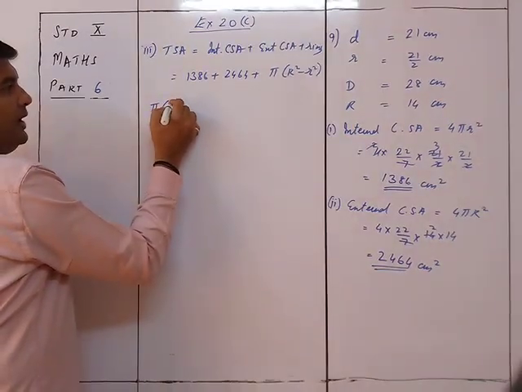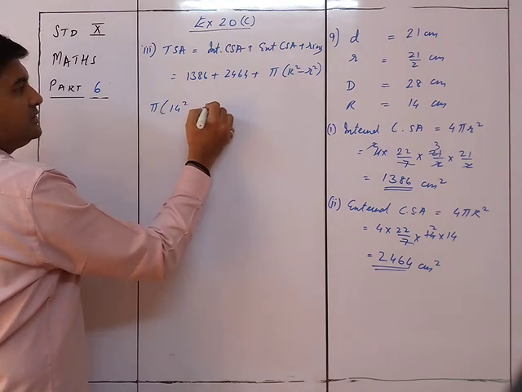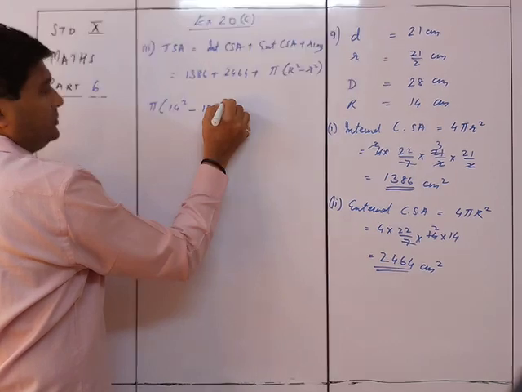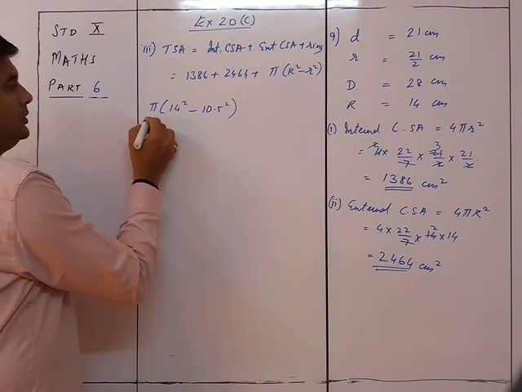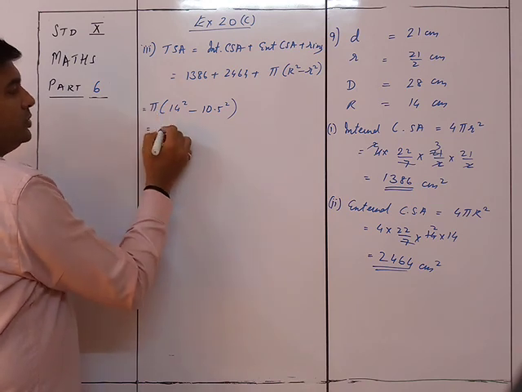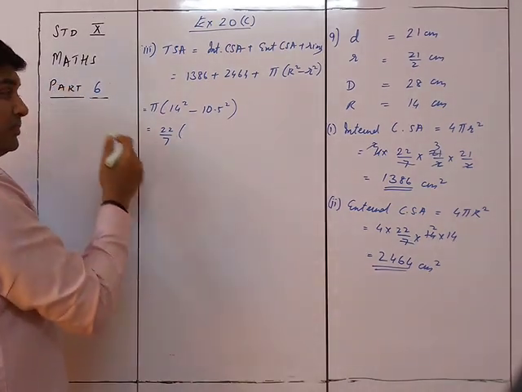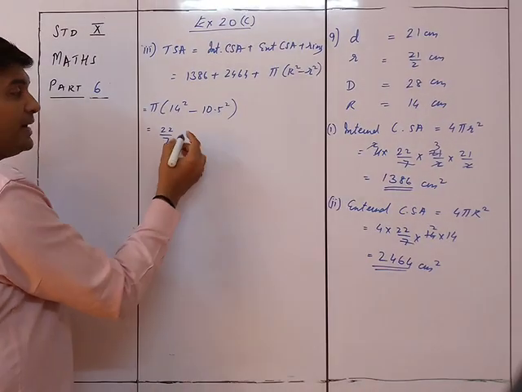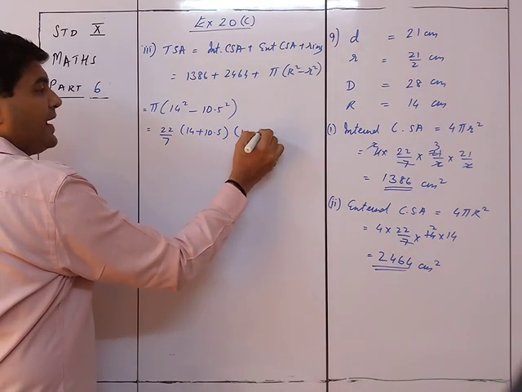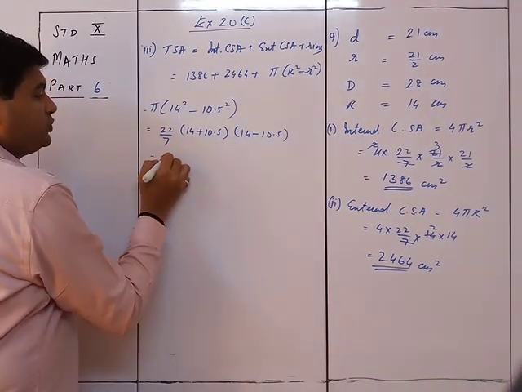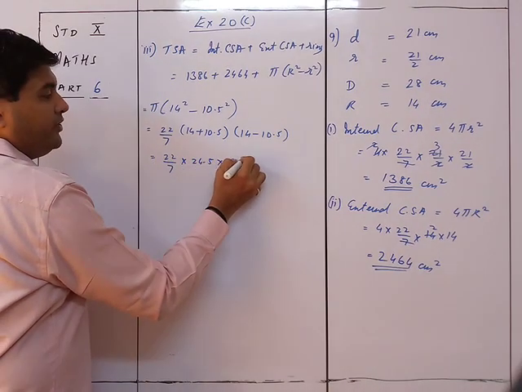Pi into R square minus r square is 14 square minus 10.5 the whole square, equal to 22 upon 7 into, using a plus b and a minus b, 14 plus 10.5 into 14 minus 10.5.